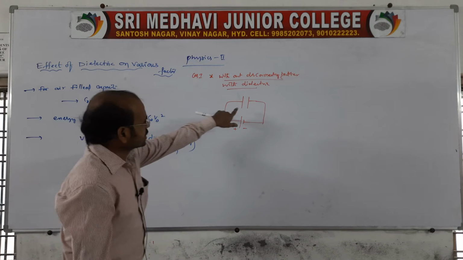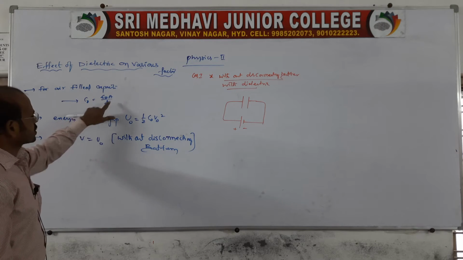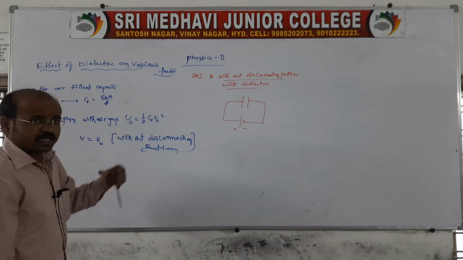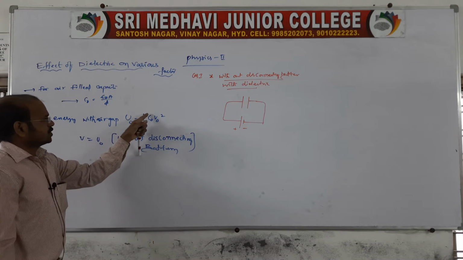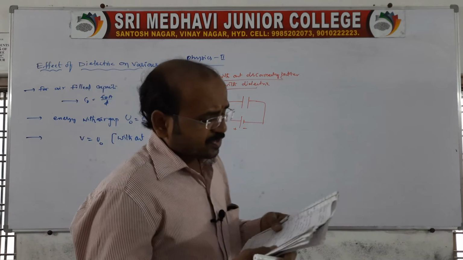Without introducing the dielectric, the capacitance will be C naught is equal to A epsilon naught by D, and without any dielectric other than air, the energy U naught is equal to 1 by 2 C naught V naught square. So this is the first one.